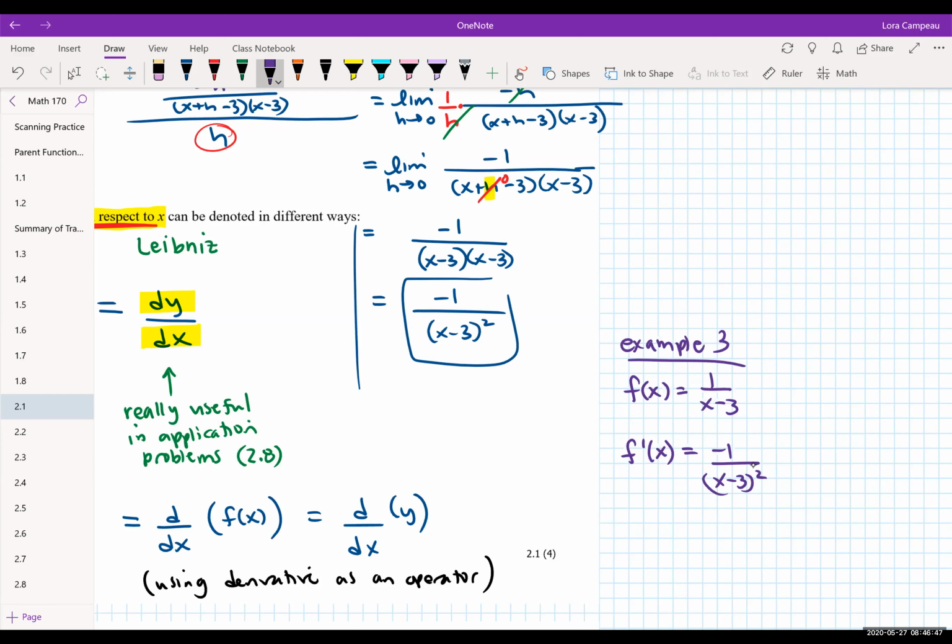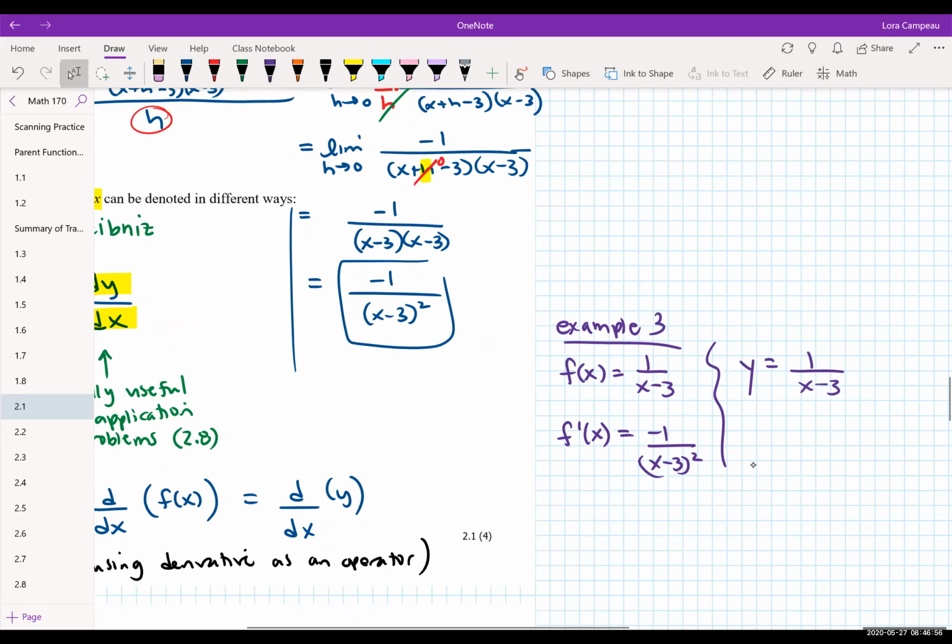Sometimes maybe they gave you the function where it was equal to y instead of f of x. So this might be a case where you either use the Leibniz notation as you are calculating the derivative, or you might use the y prime. Same thing.